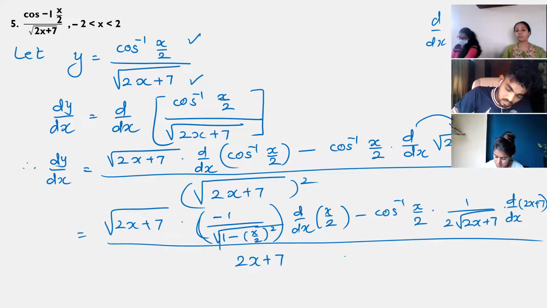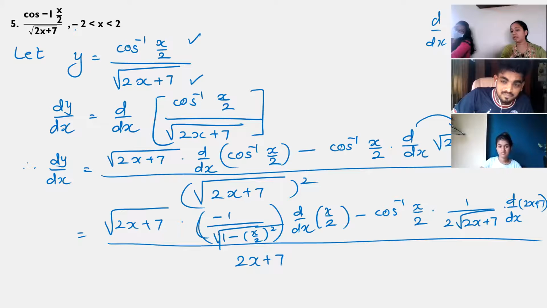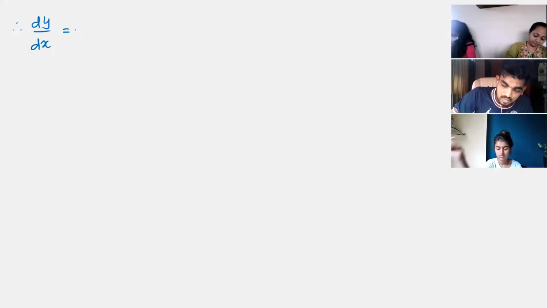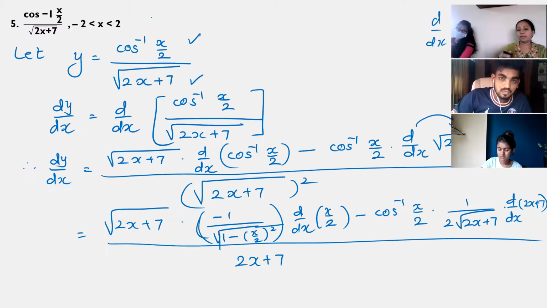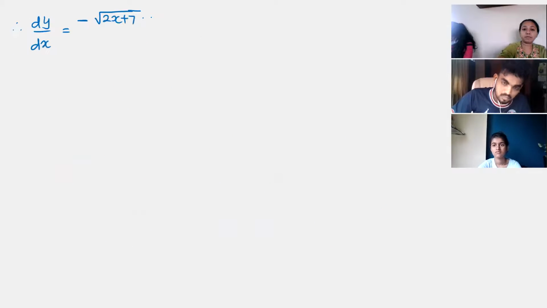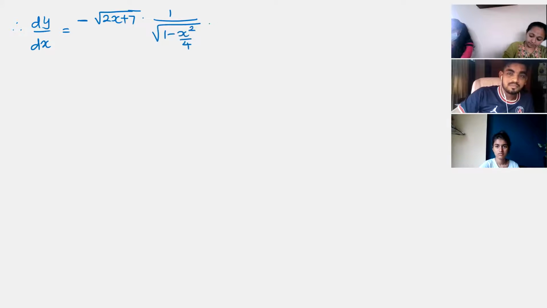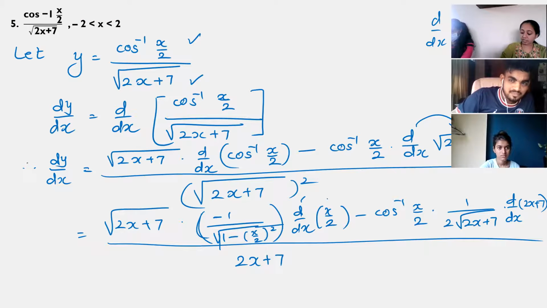Then let's do dy by dx equal to. Now we can see that the numerator's first part is like a minus: minus root of 2x plus 7 into 1 by under root of 1 minus x by 2 whole square, that is x square by 4, into differentiation of x by 2.